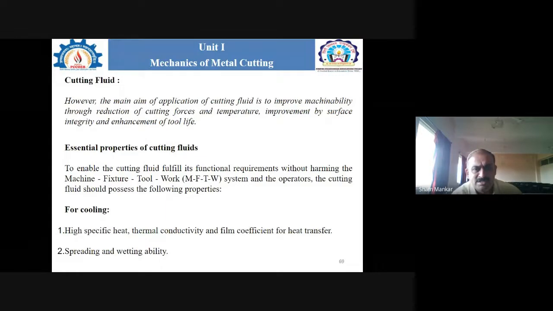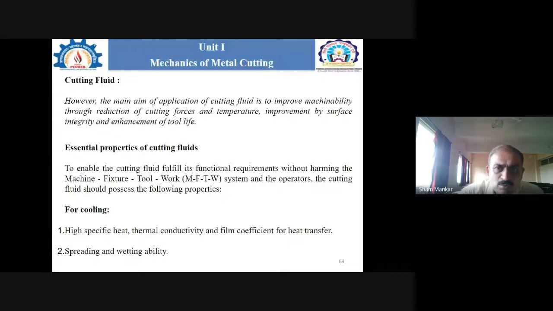It is mentioned here on slide number 69. However, the main aim of applying cutting fluid is to improve machinability through the reduction of cutting forces and temperature, improvement of surface integrity, and enhancement of tool life.